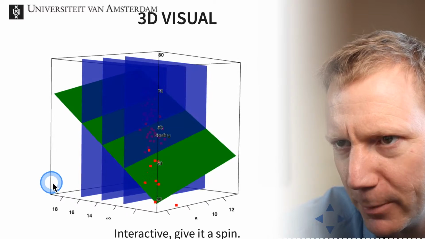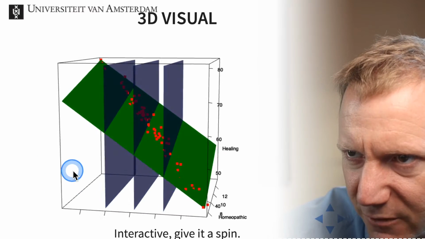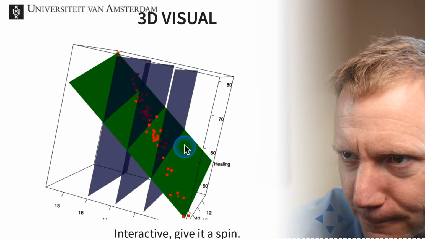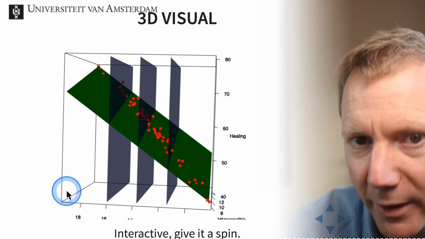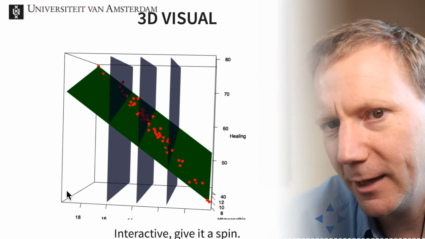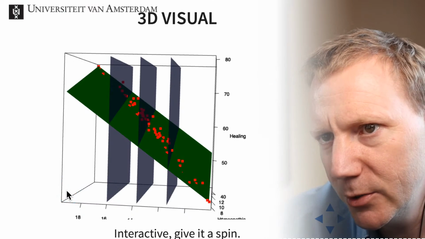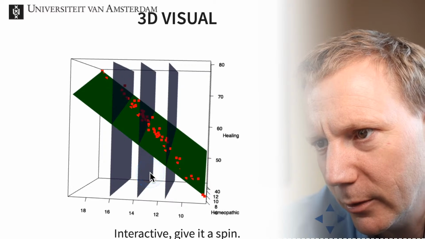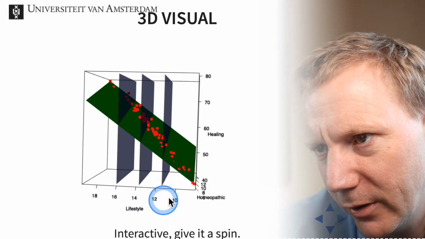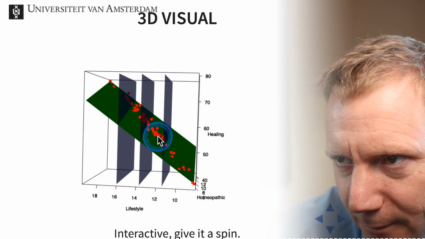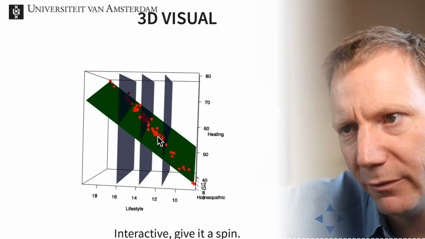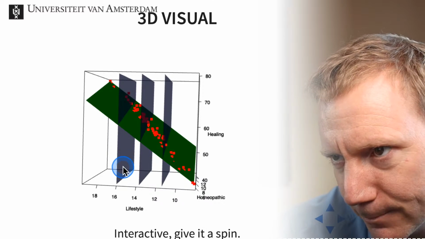We try to fit this plane in such a way that it fits very neatly for all the data points. Also going to the back, and with going to the back I mean using the mediator as a variable. So we have the mediator healthy lifestyle taken into consideration. That's why this plane tries to optimally fit through all these data points.